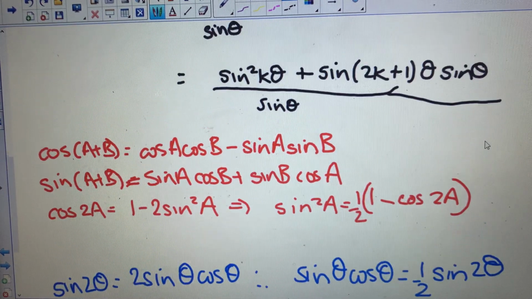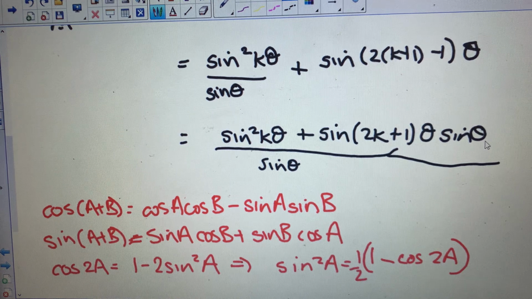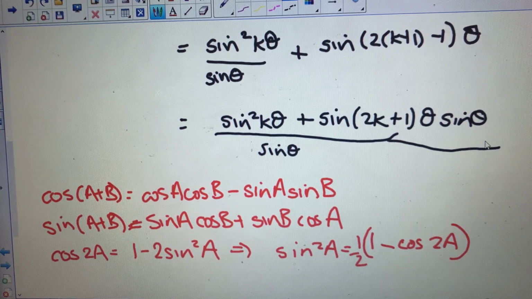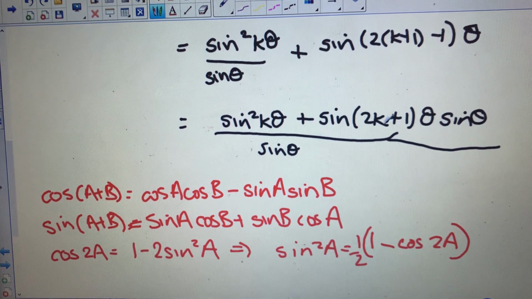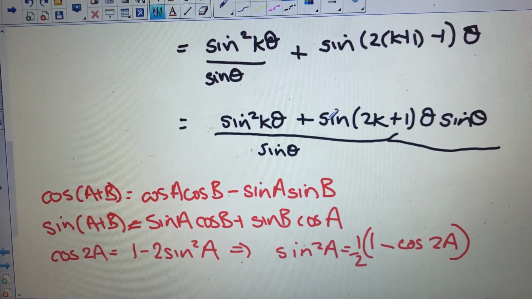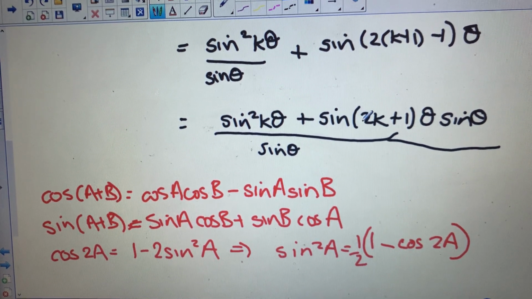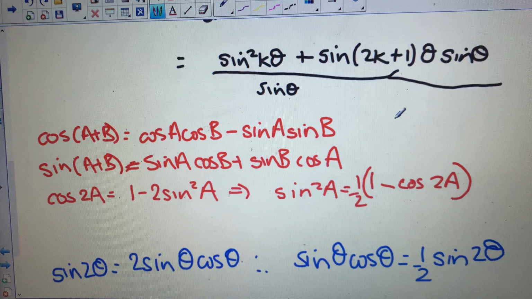And I've got those waiting in the wings. So you can see that what I've got here, this bracket here, is sine of (2k plus 1) times theta. So the first thing that I'm going to do is rewrite that as sine of (2k theta plus theta).